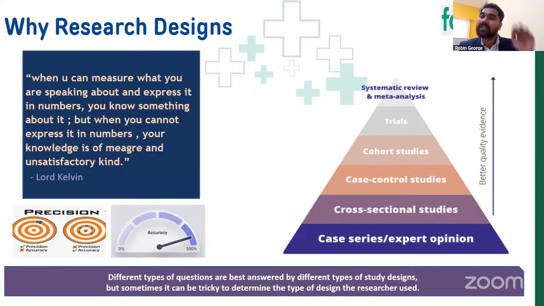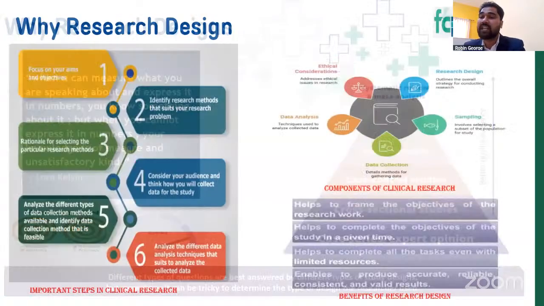So these are all the study designs we have. Now it is our basic knowledge to choose which one to use for answering my research question. Hope you got the concept and the importance of research design.